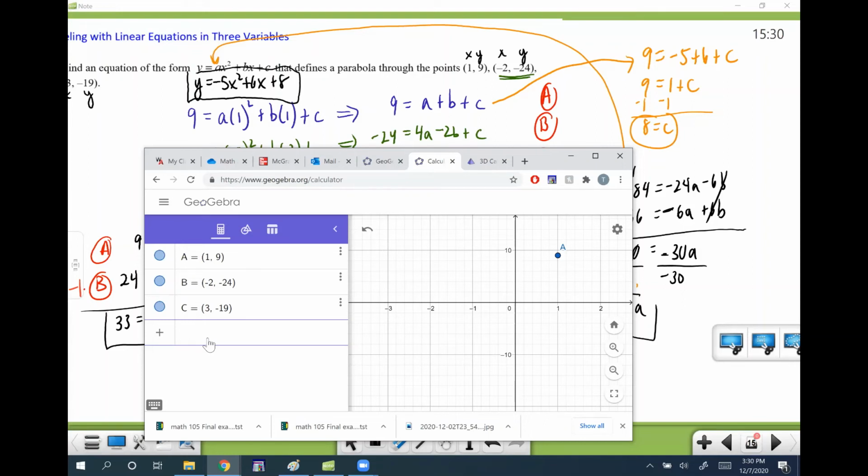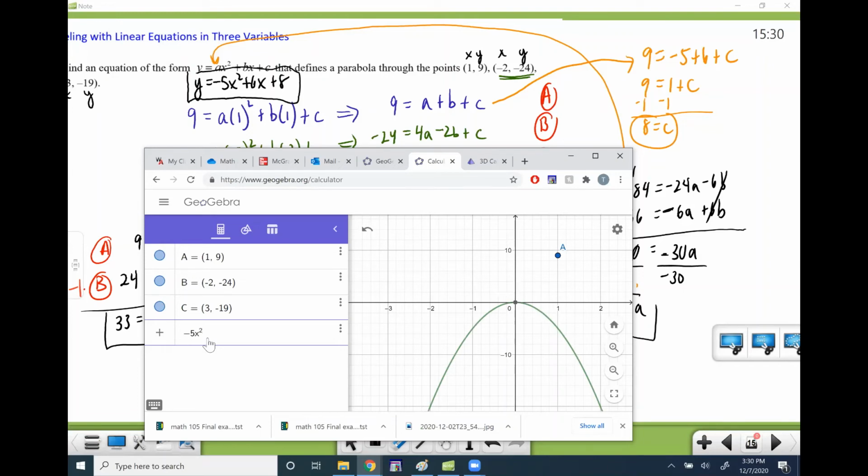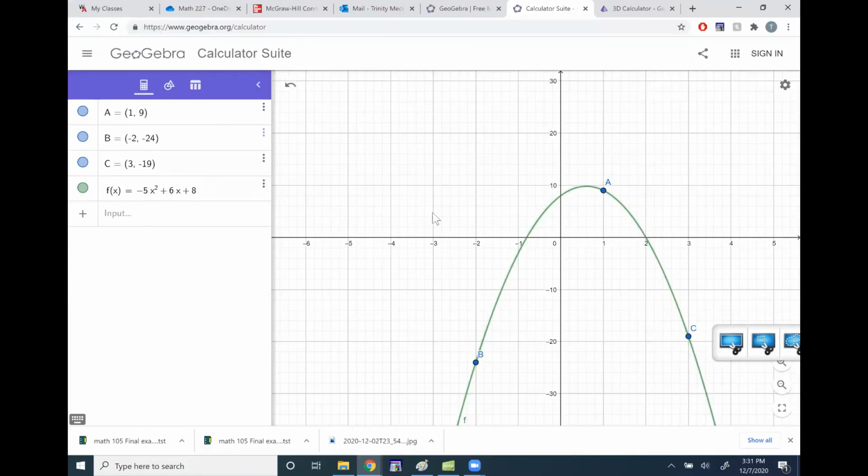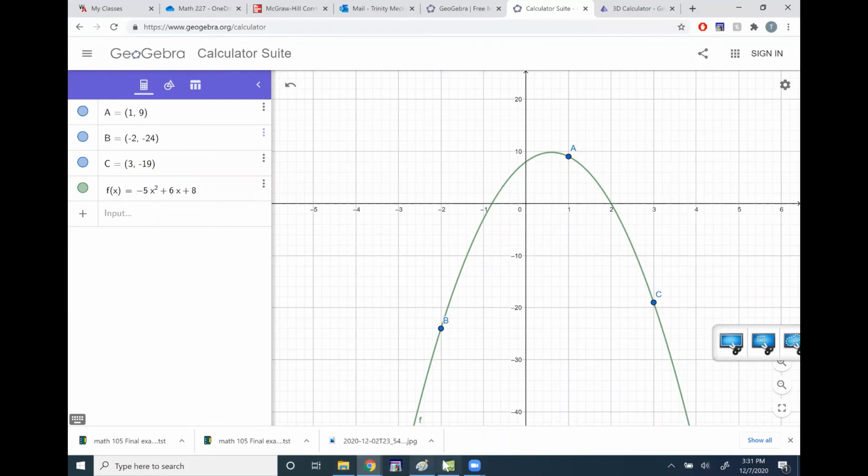I don't know what happened there. Apparently my Surface Pro wants me to have it upright when I do that. Okay, plus 6x plus 8 equals. Look at it, you guys. How perfect is that, right? That is so cool.